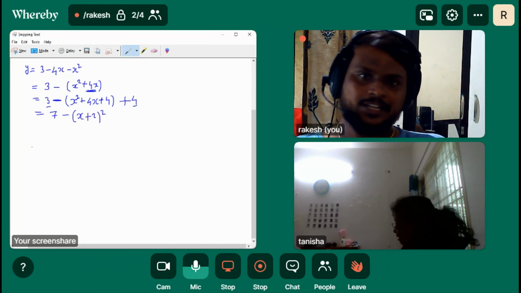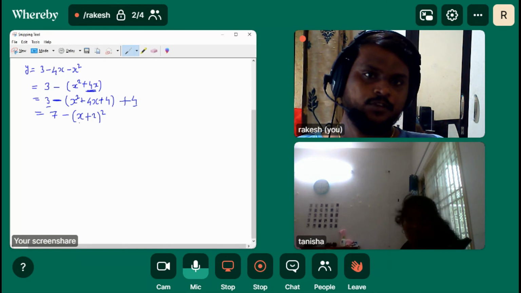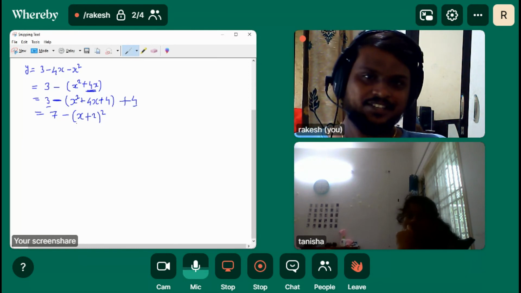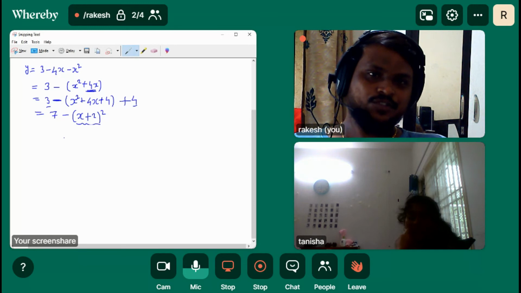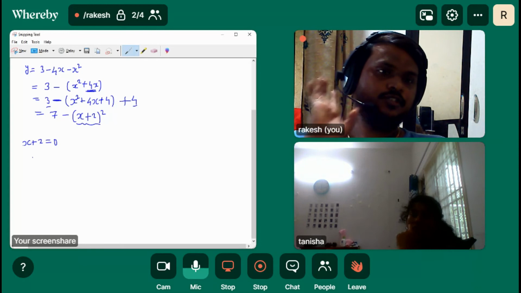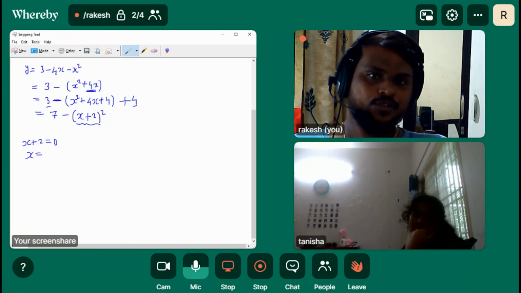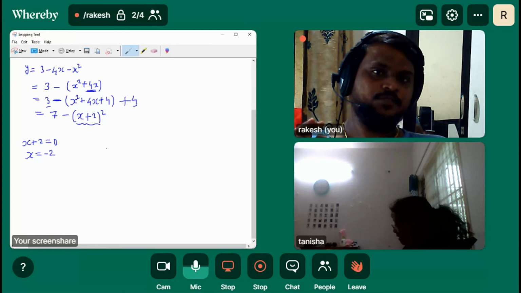Now quickly tell me what is the line of symmetry. Forget b by 2a, that was the direct method. We set the bracket equal to 0, and that will directly give you the line of symmetry. x plus 2 equals 0, so x is equal to minus 2 is the line of symmetry.